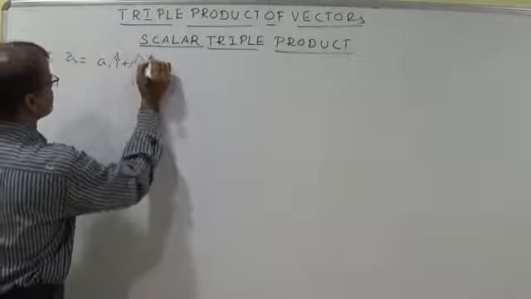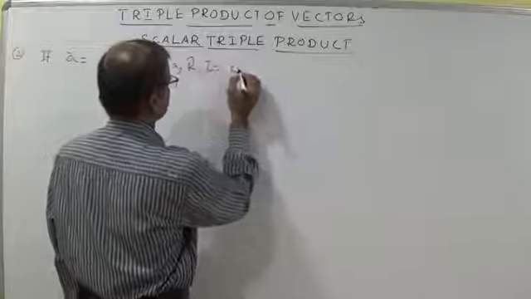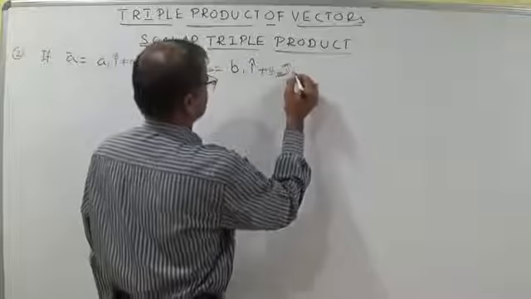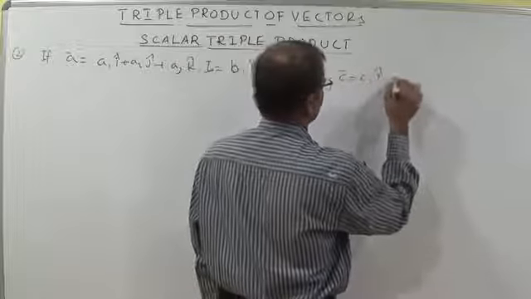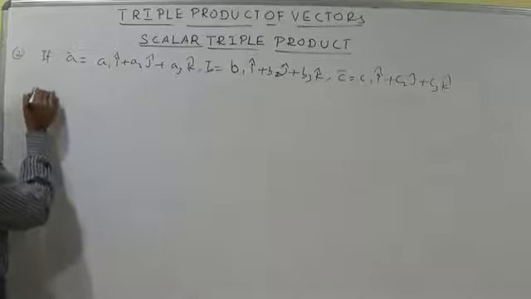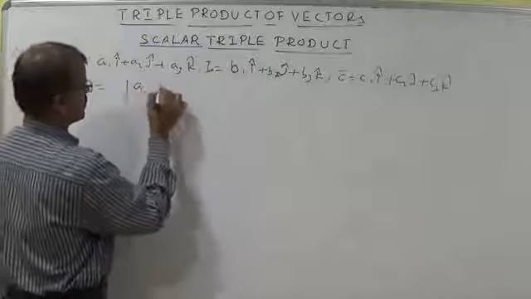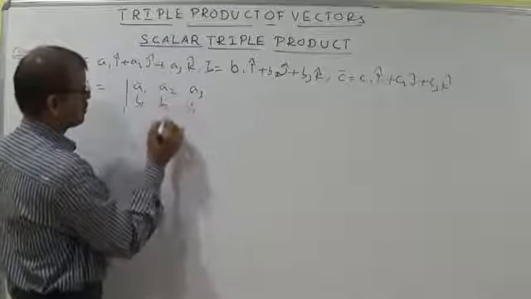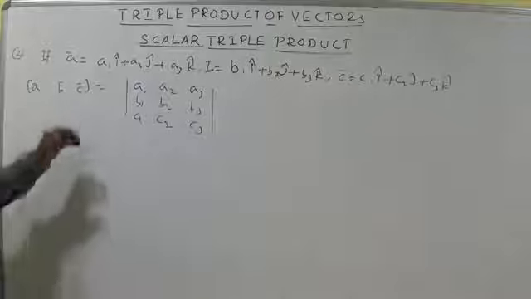If A bar is equal to A1i plus A2j plus A3k, B bar is equal to B1i plus B2j plus B3k, and C bar is equal to C1i plus C2j plus C3k, then box ABC can be represented as the determinant of A1, A2, A3, B1, B2, B3, and C1, C2, C3. This is the box ABC notation.